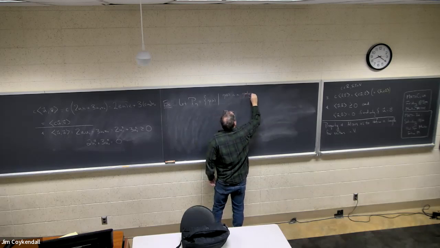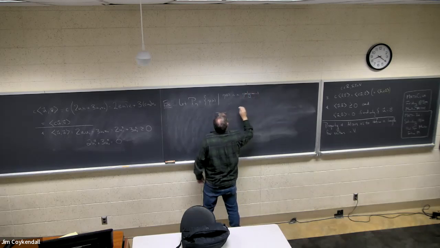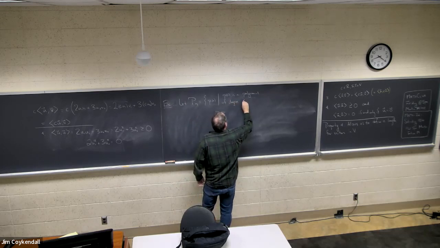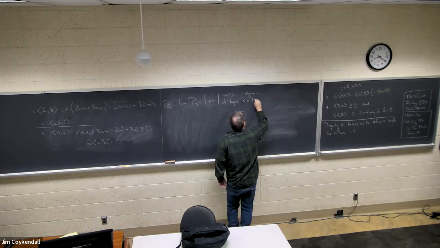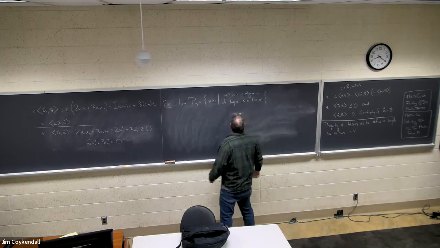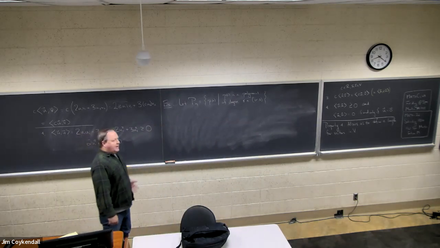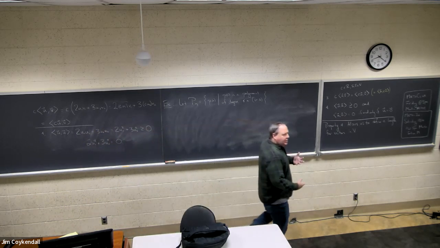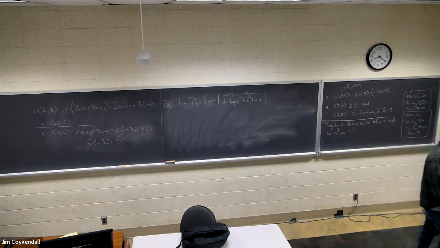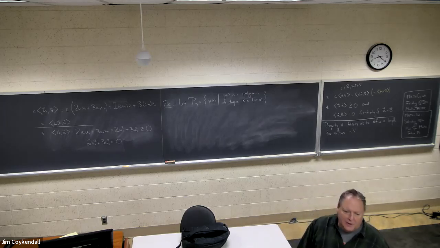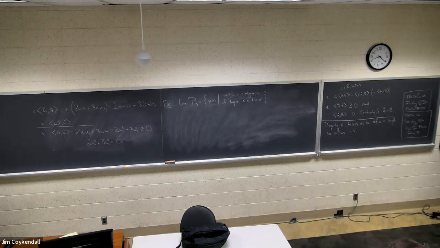P of X is a polynomial of degree less than or equal to n, or the zero polynomial. Remember this old vector space, right? What happens when you add two polynomials of degree less than or equal to n? You get a new polynomial of degree less than or equal to n, or the zero polynomial, right? And what happens if you take a polynomial of degree less than or equal to n and multiply by a scalar? You still get a polynomial of degree less than or equal to n.